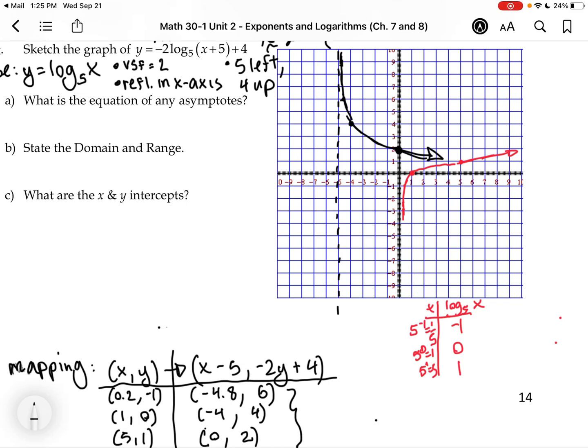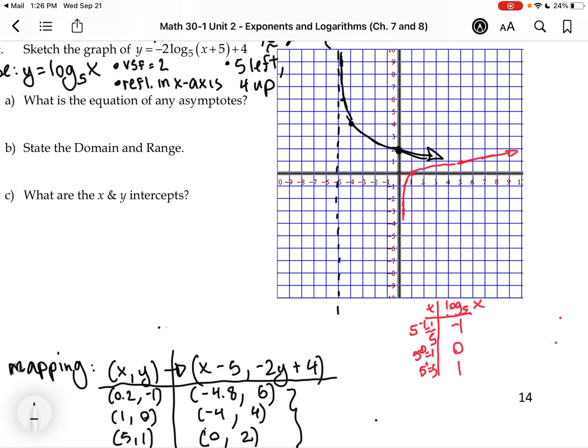Doing the stretches with these logarithmic functions can be a little tricky, so if you want to use mapping notation, totally cool. You can also graph this on your calculator just to get a sense of what it's going to look like, and do it that way.